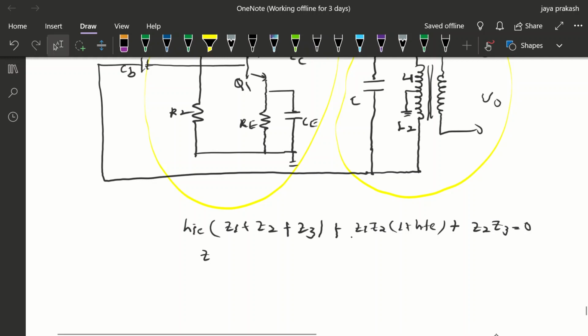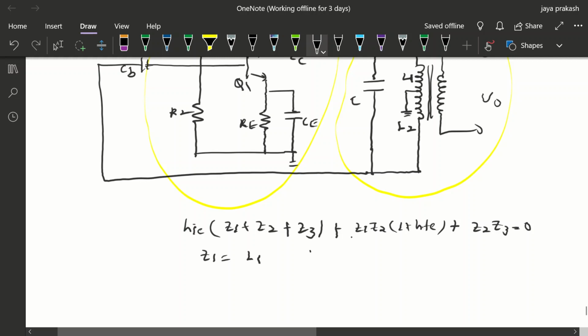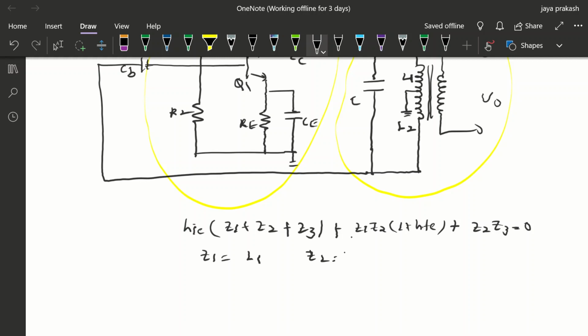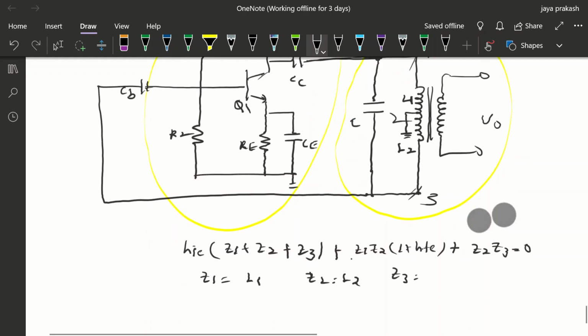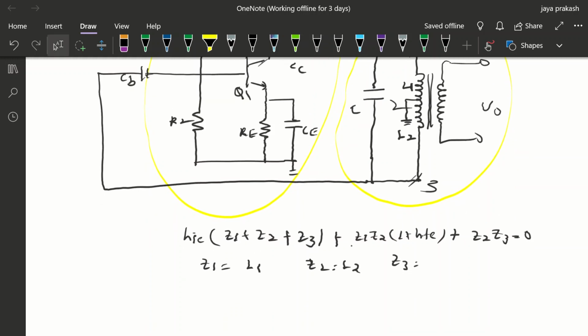Where Z1 is L1, Z2 is L2 and Z3 is C. This is terminal 1, 2, 3. In between 1 and 2, L1 is connected, in between 2 and 3, L2 is connected, and in between 1 and 3, C is connected.